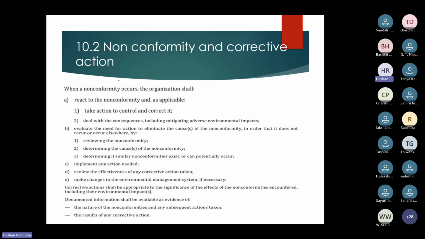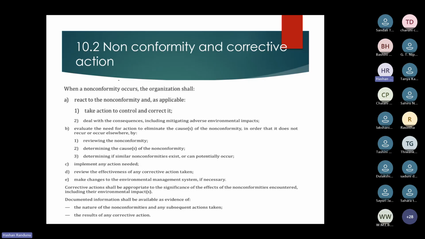If it says we need to maintain the pH of treated wastewater between 5.5 and 7.5, then we need to maintain it within the given limits. If we go beyond the limits, it is a non-fulfillment of the requirement, and that also can be raised as a nonconformity.